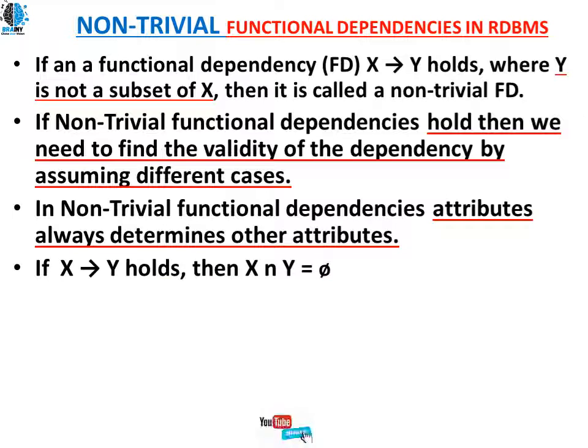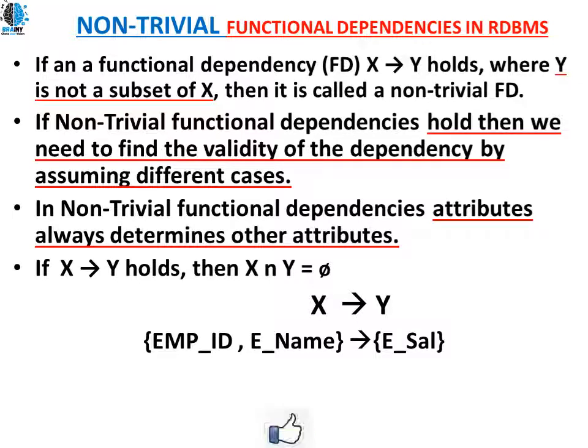So let's consider this. X goes on Y, and their intersection will be a null value. In X, I have employee name and employee ID, which is going to show the arrow on employee salary.